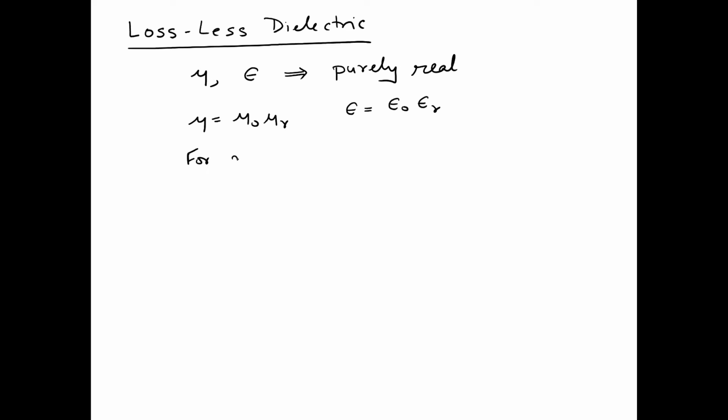For most mediums, mu r is approximately 1. So practically speaking, mu r is nearly 1 for most of the dielectric materials.